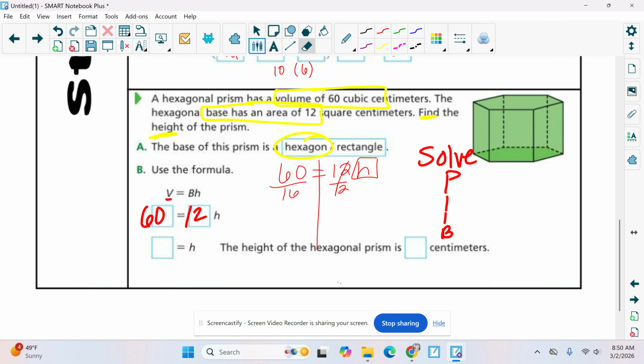Not 16, 12. So 60 divided by 12 gives me 5. So our height for this prism is 5. And that's it. You were doing the same thing with circles, but I don't think it was registering with you that you're just solving an equation when you plug it in. Okay? You're just solving an equation.